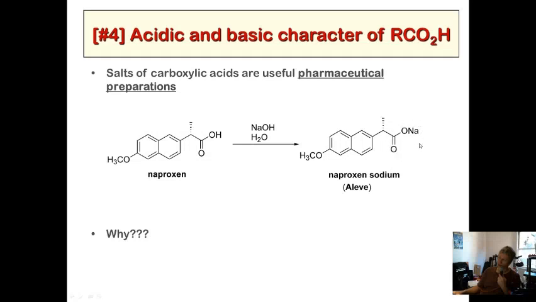This is the actual pharmaceutical that people use because it's easier to handle. I think it might also dissolve a little better in your stomach acids because it's already ionic. This is O minus Na plus. Okay, that's the PowerPoint.